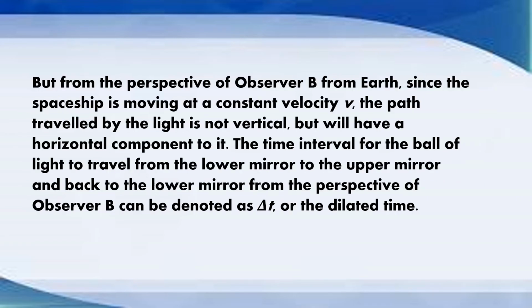But from the perspective of observer B on the Earth, since the spaceship is moving at a constant velocity, the path traveled by the light is not vertical, but will have a horizontal component to it. So the time interval for the ball of light to travel from the lower mirror to the upper mirror and back to the lower mirror, from the perspective of observer B, can be denoted as the dilated time.